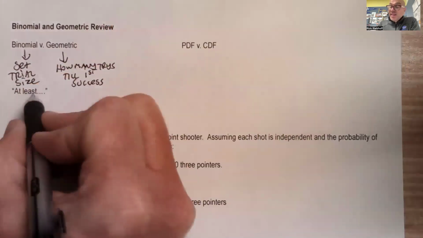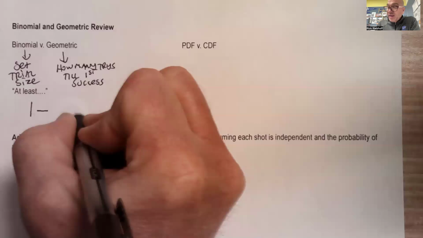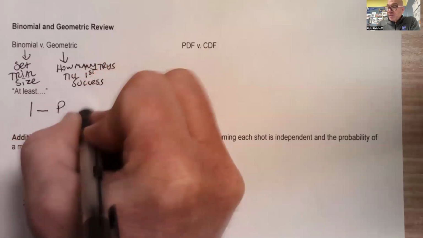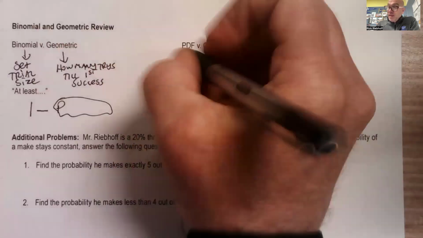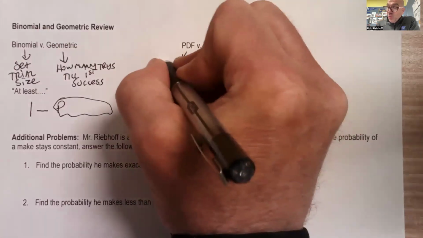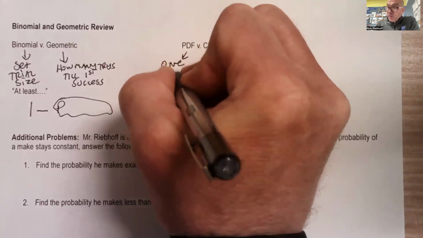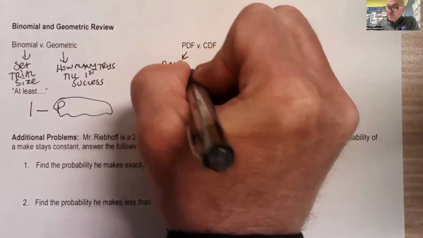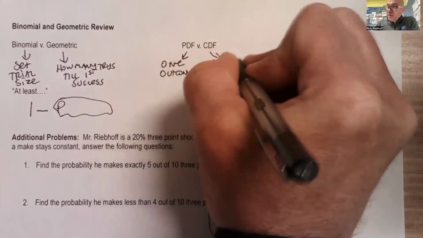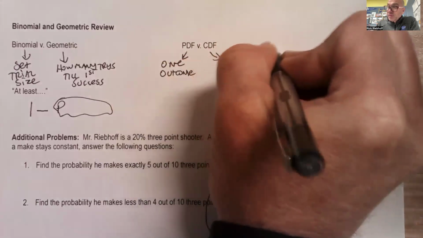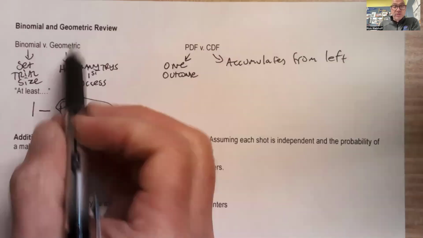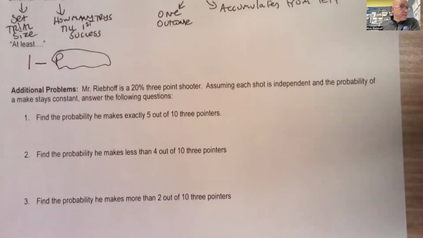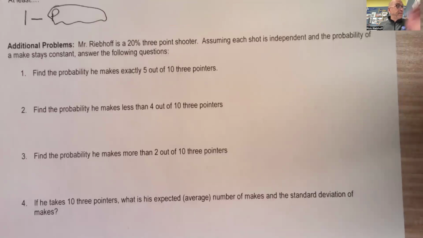Whenever we see at least, we're going to go 1 minus the probability of something, right? Because that's going to be to the right. PDF and CDF. PDF is 1 outcome, only 1. CDF accumulates from the left side for binomial and geometric. Okie dokies. All right. Let's see. Moving on.